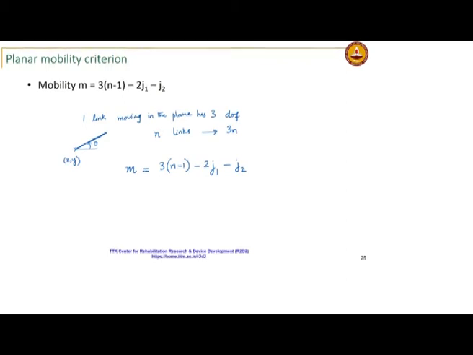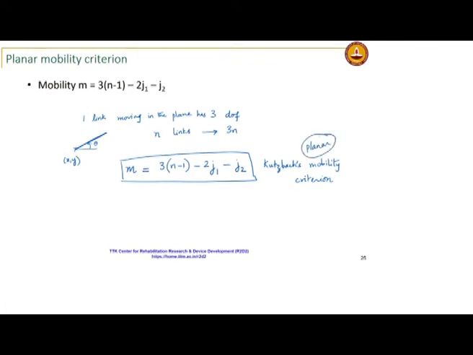I can have sliding and rolling. So, this is how I get the mobility criterion, which is called the Kutzbach mobility criterion. And this is the planar mobility criterion.